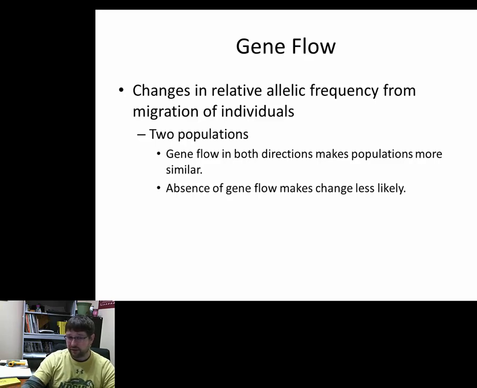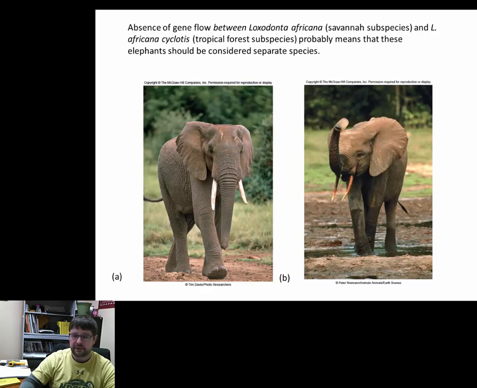Are they genetically unique, or are they average, like normal? So they're intermediate for the most part of their genes, so it's really not altering the genetic frequency in that population.